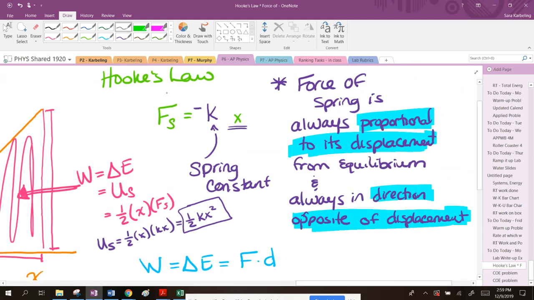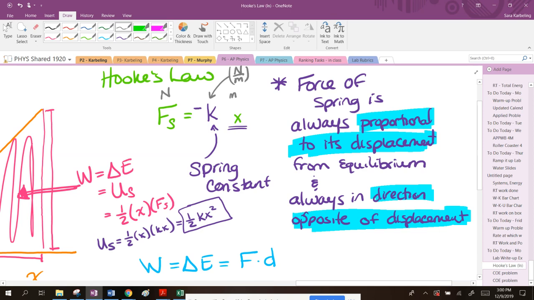We're just going to do this fast. Force is measured in newtons. x is measured in meters, or centimeters. We're going to do meters. The units of k then have got to be newtons per meter. In order to make this work, it's got to be.